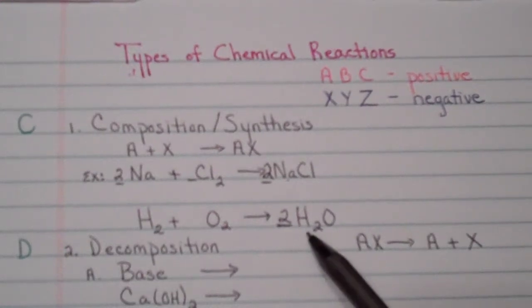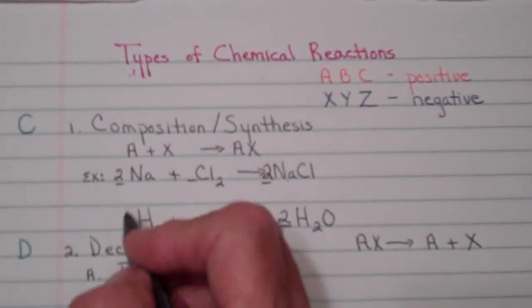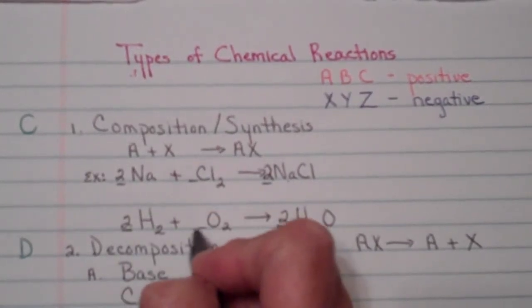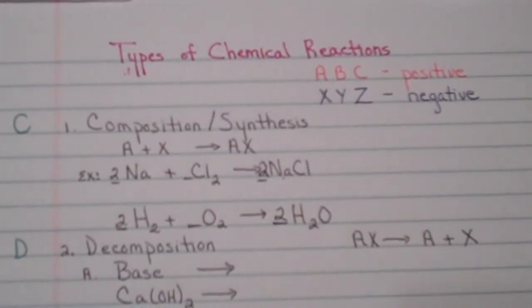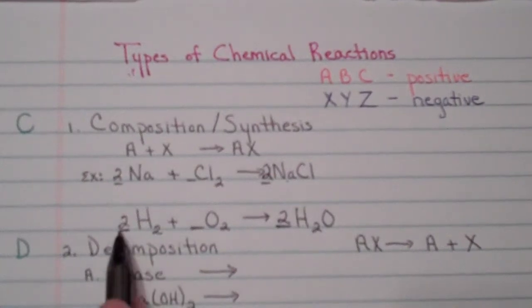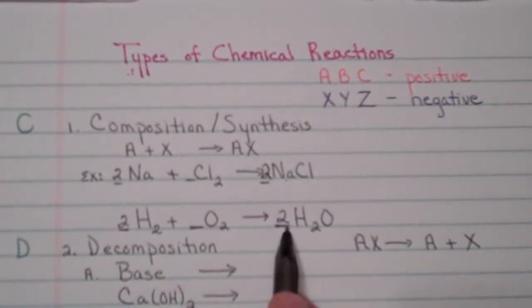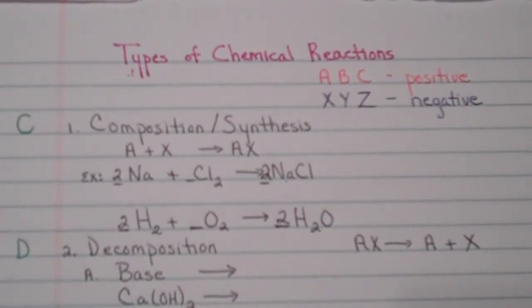This leaves the hydrogens imbalanced, and so we would have to put a 2 on the reactant side so that our coefficients would lead us to see that 2 molecules of hydrogen would combine with 1 molecule of oxygen to produce 2 molecules of water.